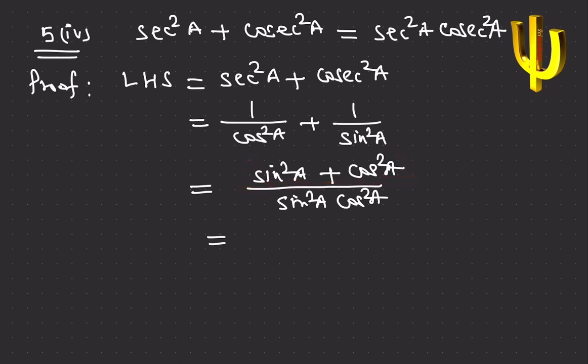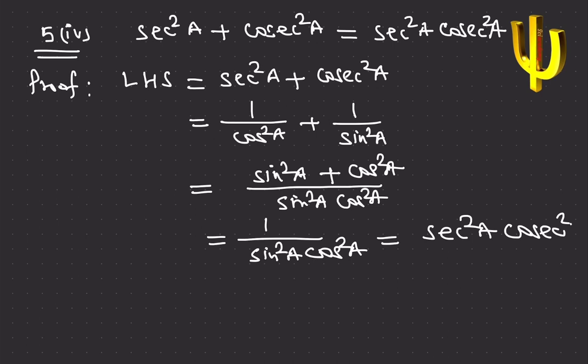So we will have 1 by sin square A into cos square A, that gives sec square A into cosec square A. That means we have LHS equals RHS. Hence the problem is proved.